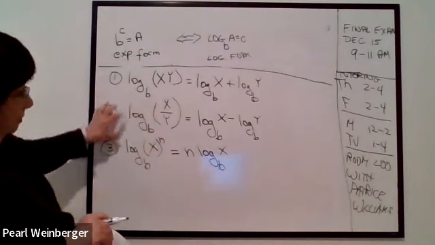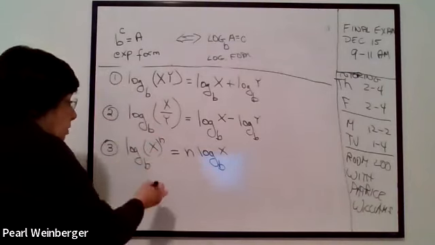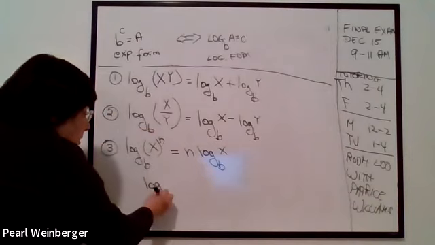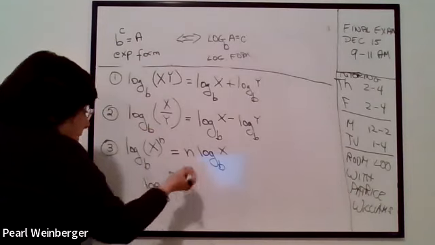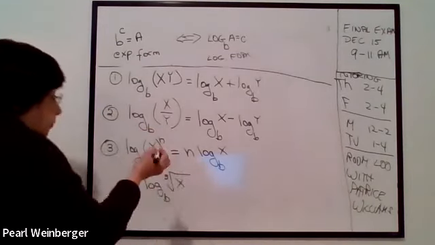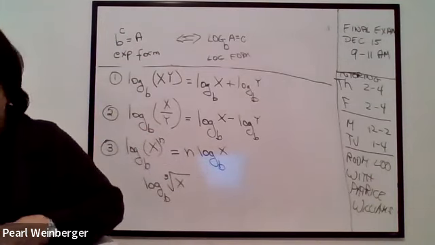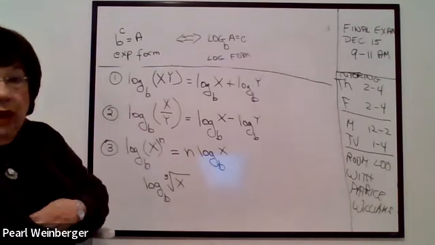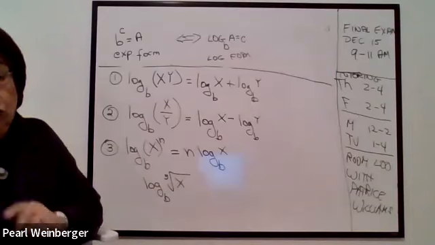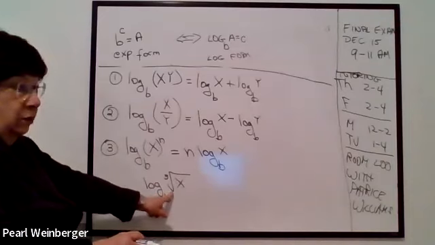Now, there is a sub-rule to this. For example, what if I asked you for the log base B of the cube root, let's say, of X? I didn't tell you anything about radicals, except last week we talked about it, that there's an alternate way to write a radical.